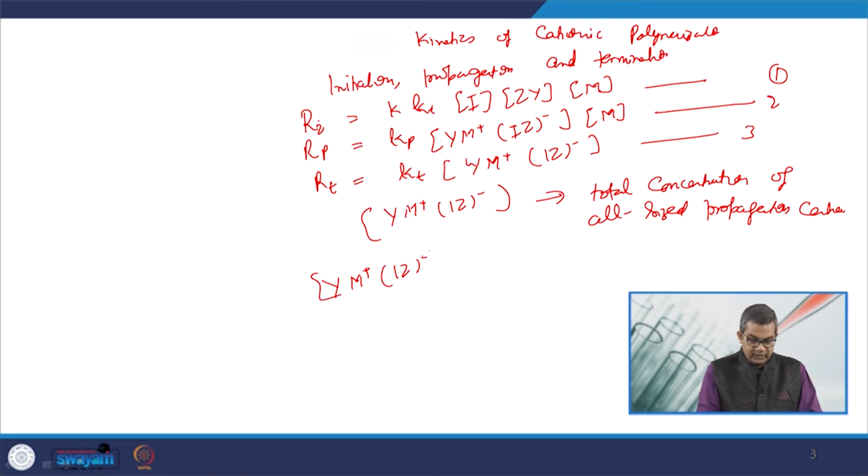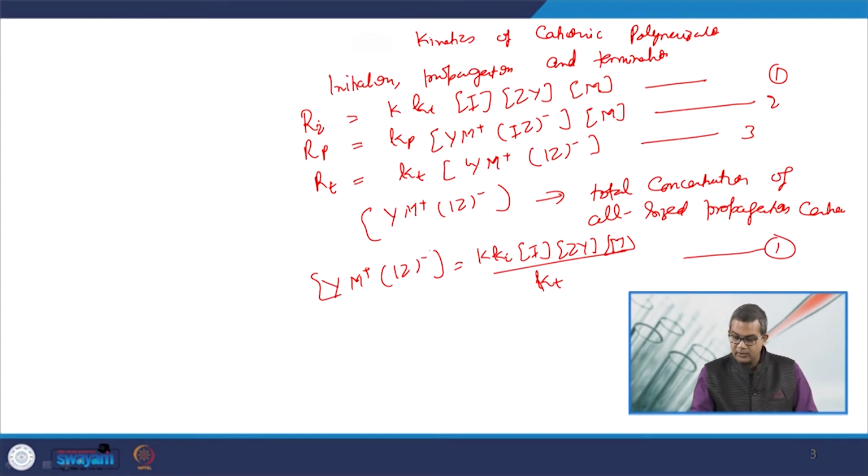So, this may be written as [HM^+ I^-] = Ki [I][Z][M] upon Kt, which you may refer to as equation number 4.